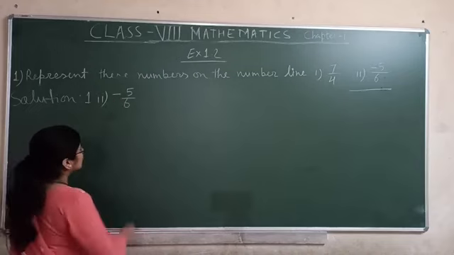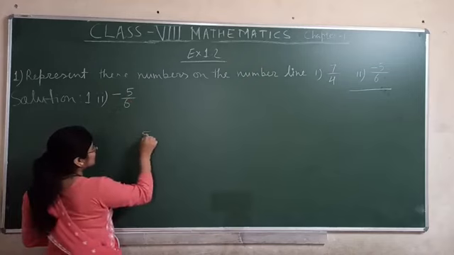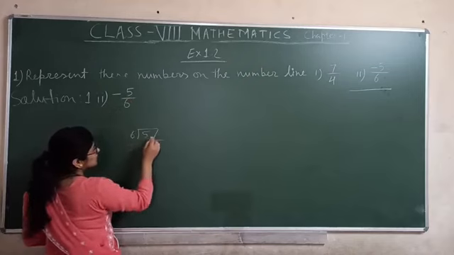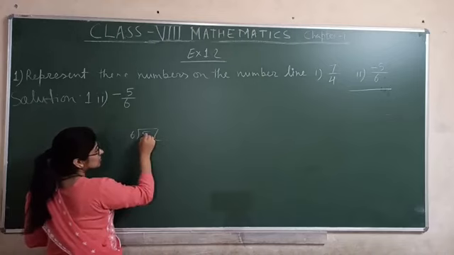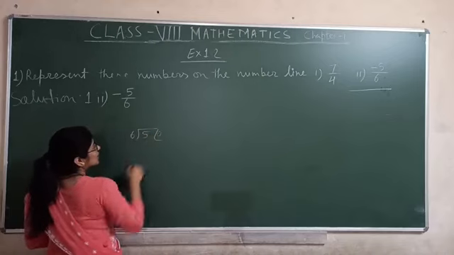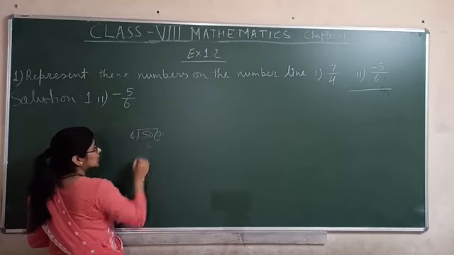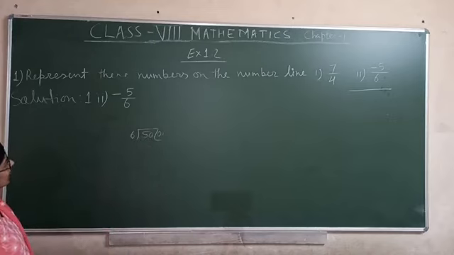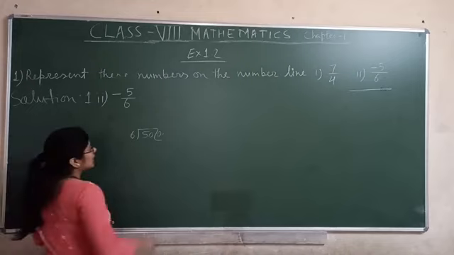If you divide 5 by 6, 5 divided by 6, 6 does not go into 5, so you have to apply a point, then you can add 0 here, and 6 7 is 42, 6 8 is 48.